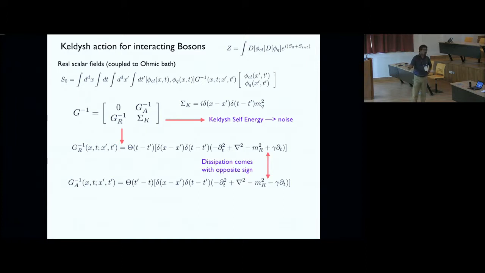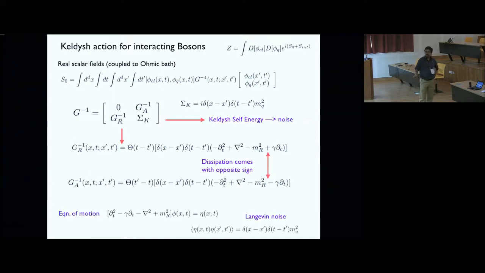But this is coming from the bath, let's say. In principle, you can generate it through interactions, but I'm just going to put it in by hand at this point. So the equation of motion, as we said, is a standard one: the dissipation, there is a noise, and this is a Langevin noise. So this guy is nothing but the strength of the standard Langevin noise.